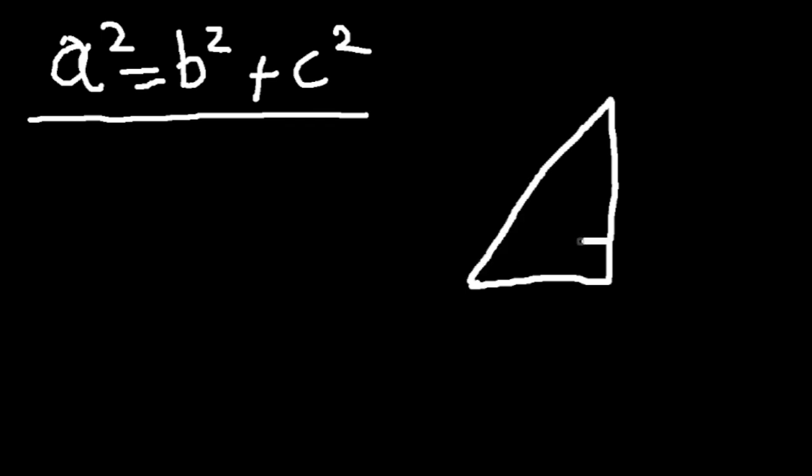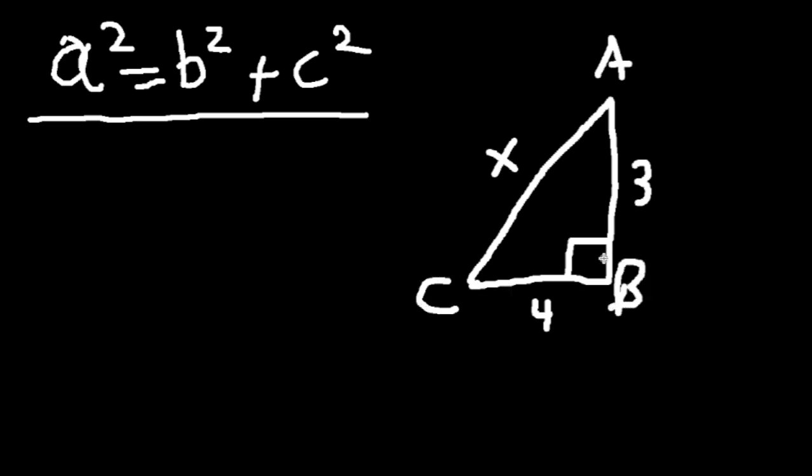Okay, we're going to want to put the right angle symbol so that we know that it's a right triangle. This one is going to be x because we're looking for x. This one is going to be 3, and this one is 4. Now let's solve this. Okay, I'll also want to put letters just in case, because most of the time you'll see it like this.